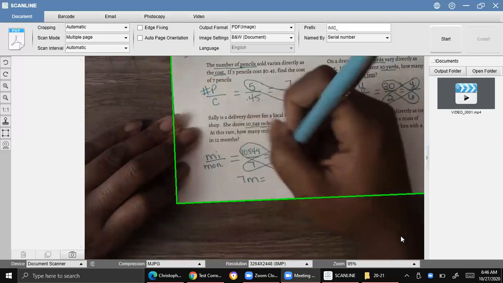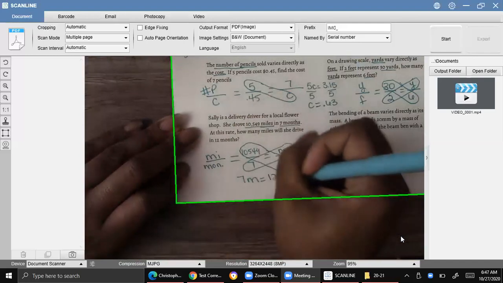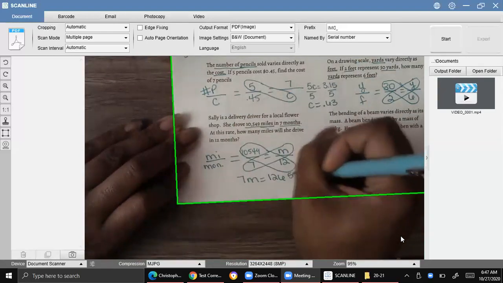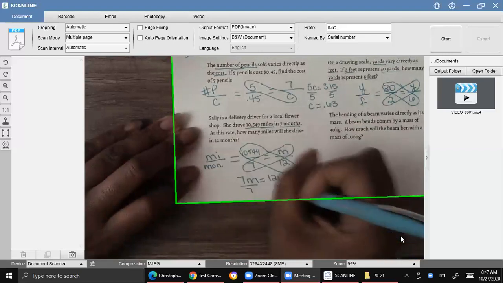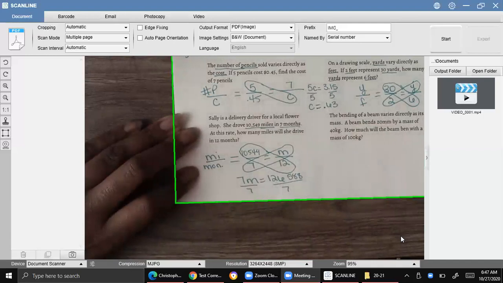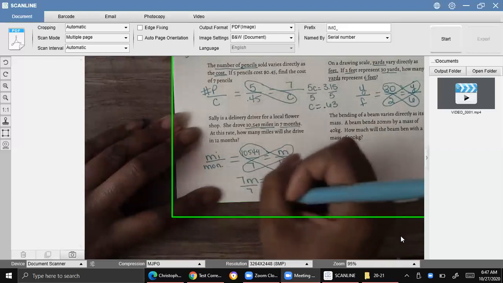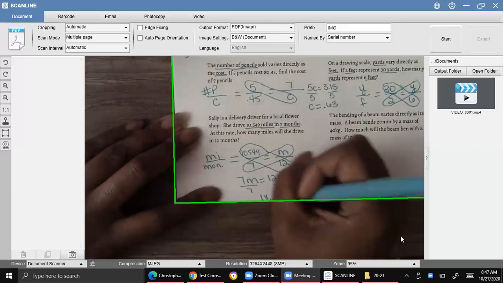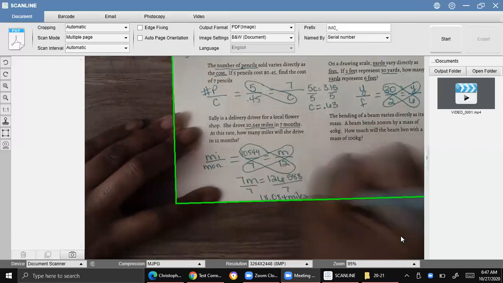And 10,549 times 12 is 126,588. Last thing I need to do is divide to get the variable by itself. Divide both sides by 7. So 126,588 divided by 7 equals 18,084 miles.